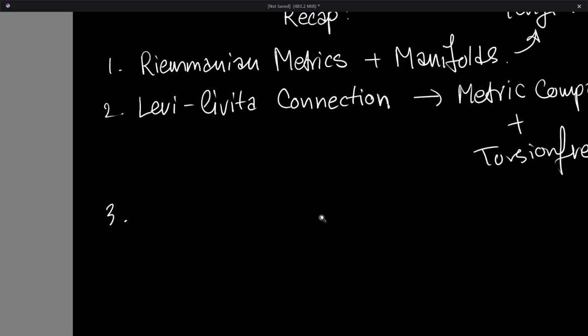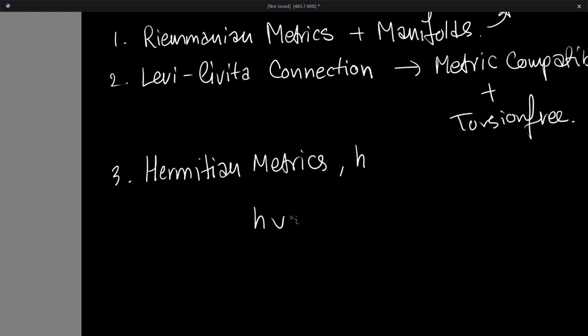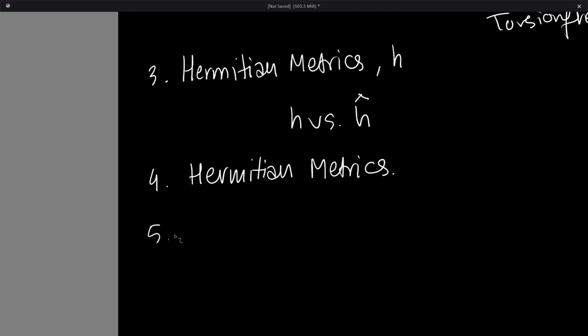Lengths and angles. And so then once we defined the Levi-Civita connection, we defined Hermitian metrics. We also looked at H versus H hat. We looked at Hermitian manifolds, which are manifolds that have Hermitian metrics. We looked at Hermitian vector bundles, which are vector bundles that admit Hermitian metrics.